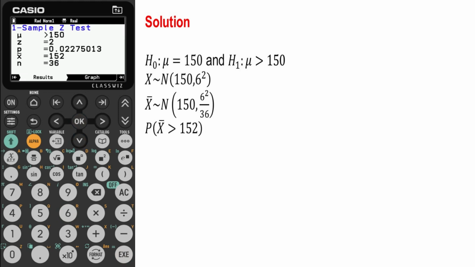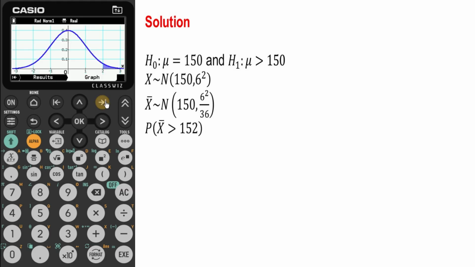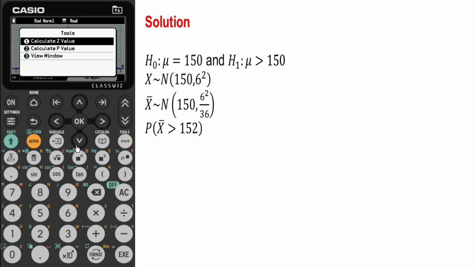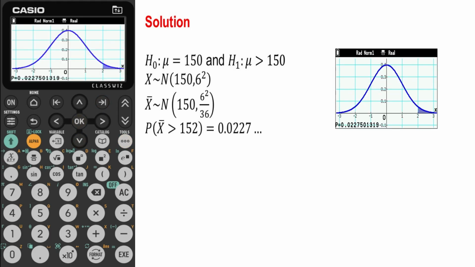And if we execute, you see that p is equal to 0.0227, etc. And if we graph, press the tools key and calculate p-value, you can see we have the probability that x bar is greater than 152 equals 0.0227, etc. Now, let's compare the 0.0227, etc. with the 5%.